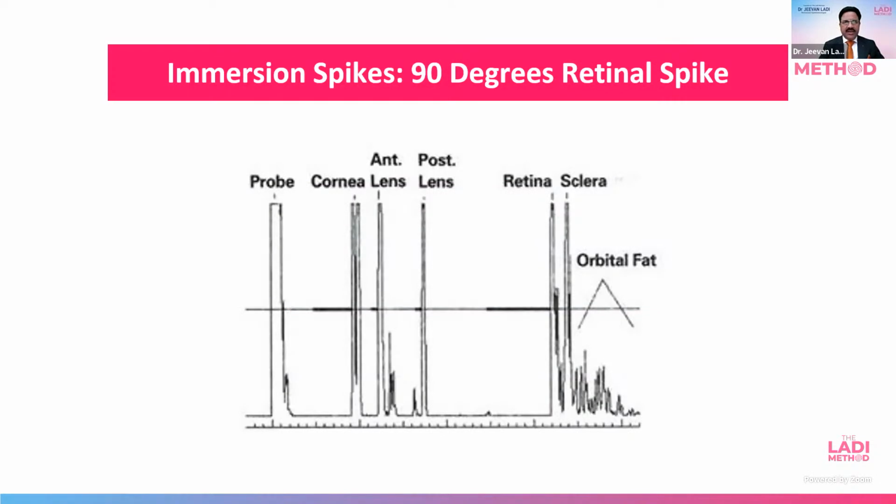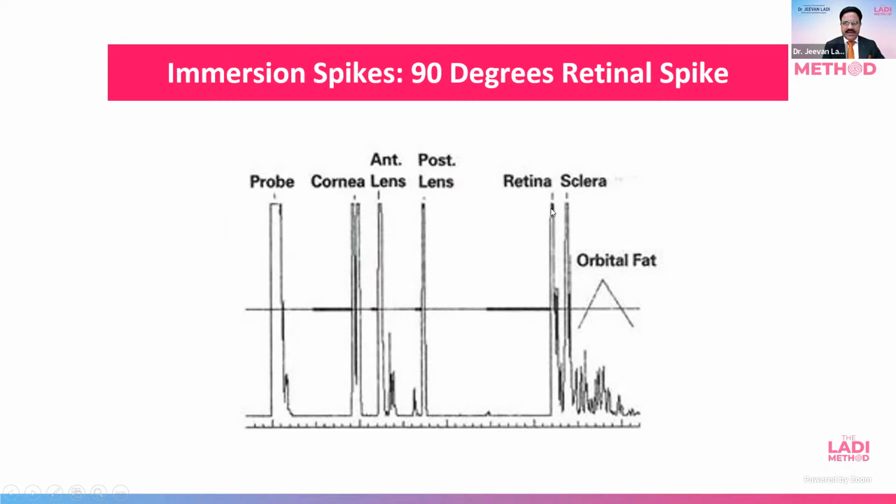So let's see the ideal spike first. What you can see here is a probe. That is the immersion probe, commonly used as a Prager probe. As you can see here, this is a corneal spike in which there is an anterior cornea and there is a posterior cornea. This is an anterior lens spike and this is a posterior lens spike.